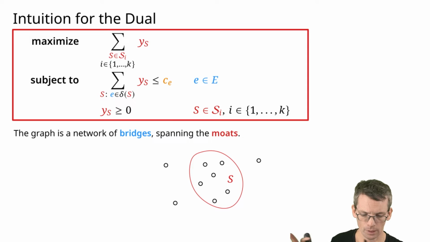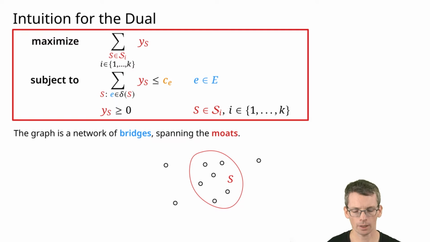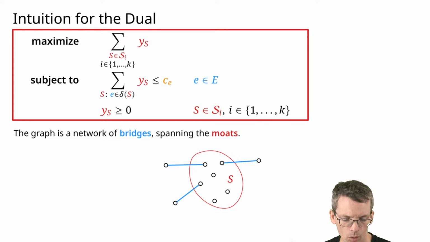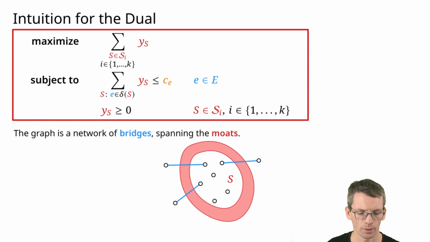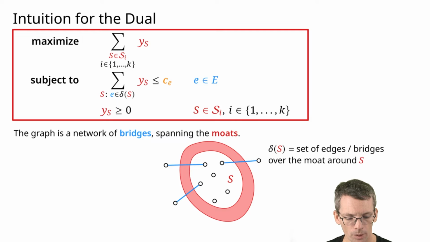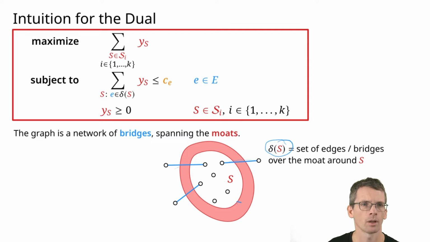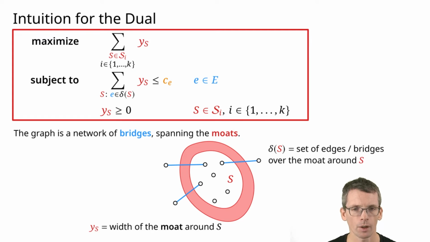So this is a cut, and I'm interpreting it as a moat which goes below those bridges. And how large I make y is the width of this moat. We interpret now delta(S) as the set of bridges over the moat around S, and the dual variable y_S is the width of that moat.